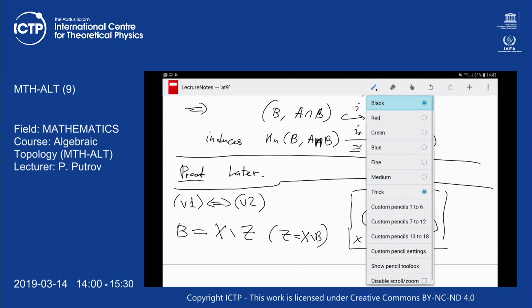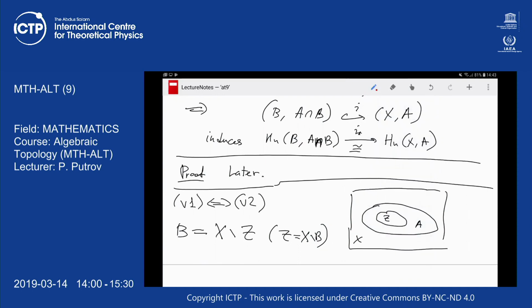So how does it look? If B is X minus Z, so B is schematically this subspace.